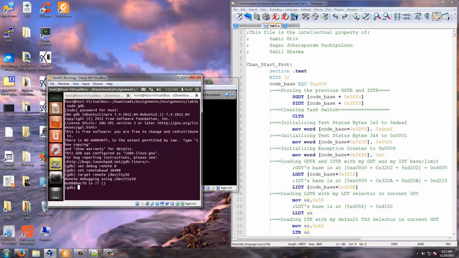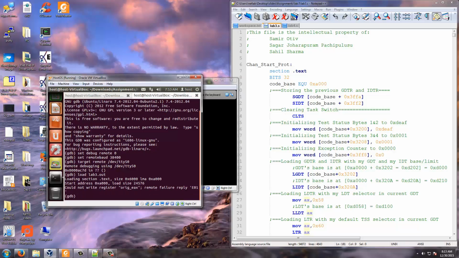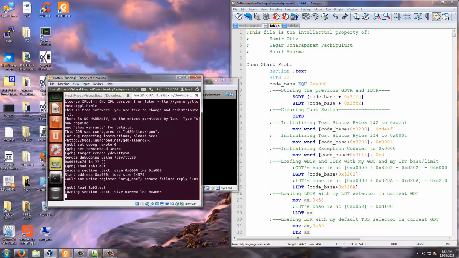Now we have come to this stage. Now we will go and load lab3.out. We'll again load lab3.out, and now we'll go and see where all the pages are loaded.